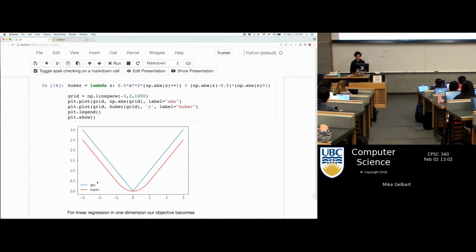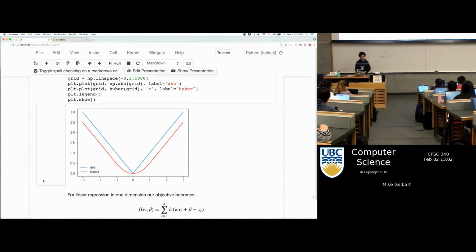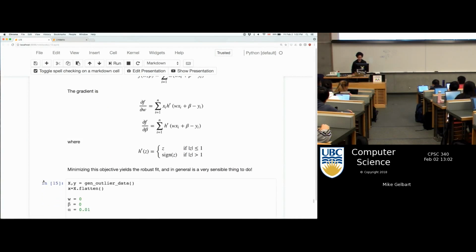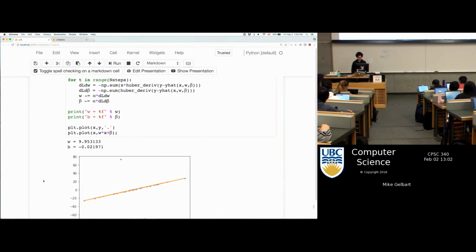I think it's easier to just look at it. You can have variations on this, but roughly speaking, it's smooth in the middle where we don't really care that much anyways. It's linear far away, where we are having problems with outliers. This function is smooth, and we can take the derivative and do gradient descent with a constant step size, and everything works out.